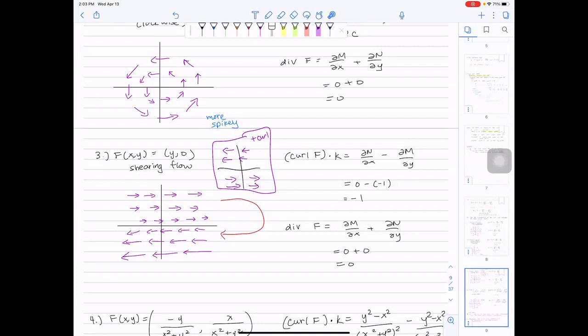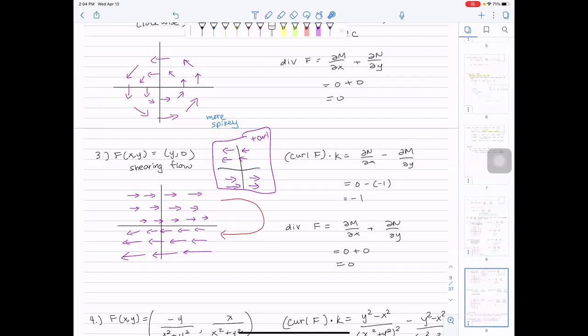Then the second component being negative tells you that you have a clockwise spin in the ZX plane, and the positive 1 tells you that you have a counterclockwise spin in the XY plane. So that's how you get curl: you take the circulation in each of the planes.